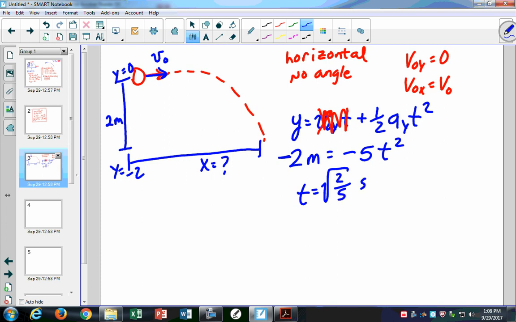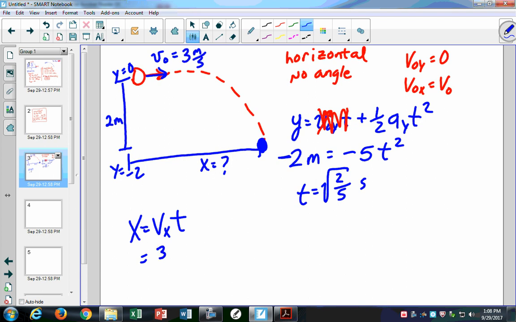Okay? And now, if you want to know the x range, that is the point over here, then you would say x is equal to Vx times t. Let's give Vx a value. Let's say that V naught is equal to 3 meters per second.